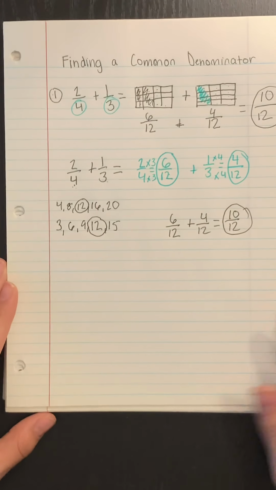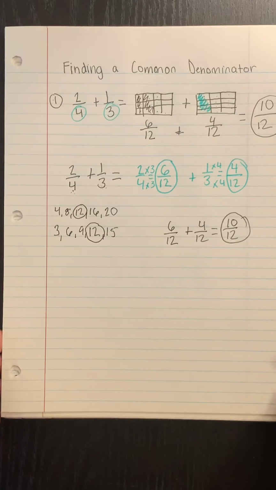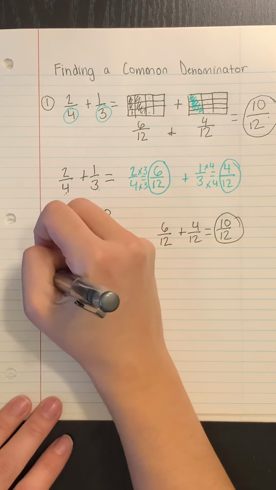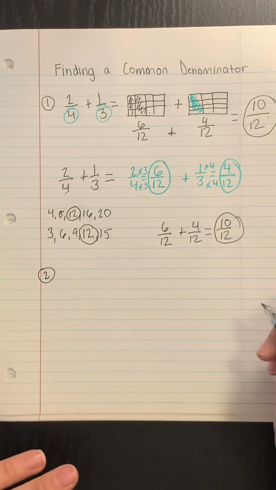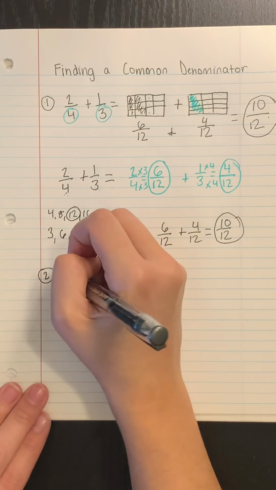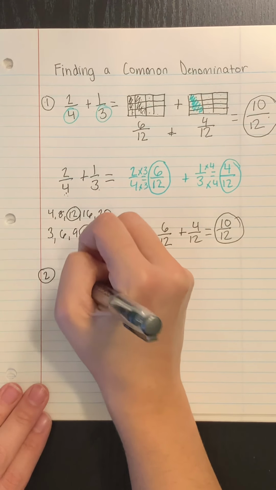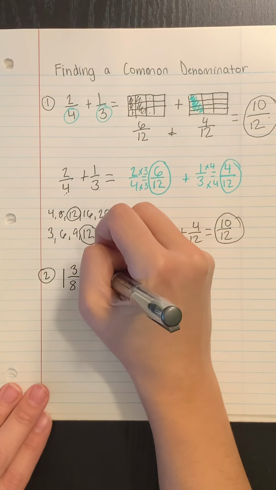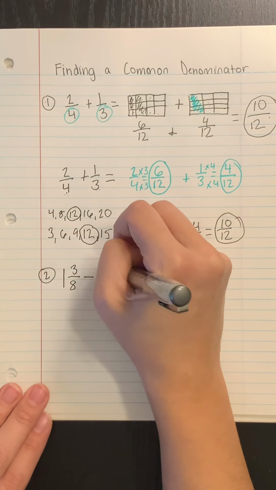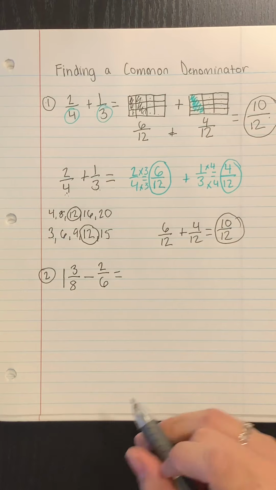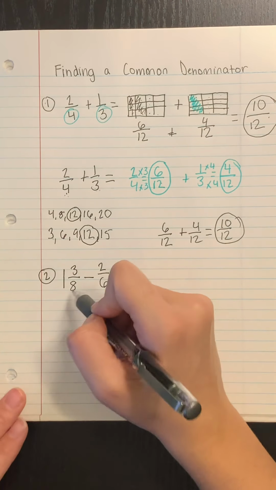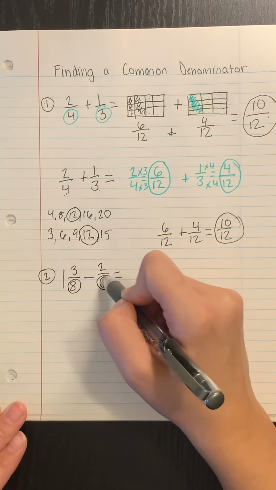So let's look at a different one. I'm just gonna make sure we can see. Okay, perfect. So let's look at a subtraction problem. Let's say we have the problem 1 3/8 minus 2/6. So I'm going to use the multiples method that we used right here above. The first thing I need to do is look at the denominators.